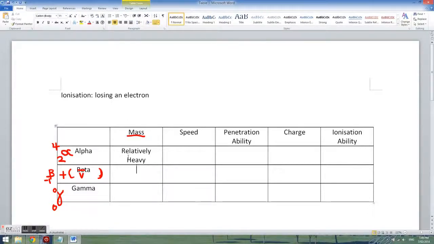However, as you know, a beta particle is just an electron, so it's not heavy.